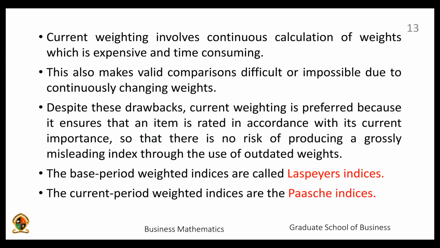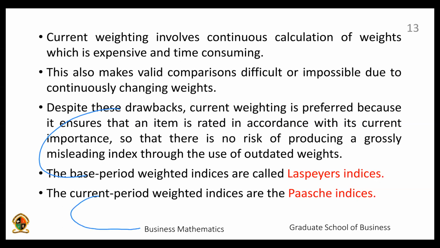Whereas the real GDP is given as equal to the last year's index, where you are calculating the weights using the base period weights, calculating the GDP using this year's period.